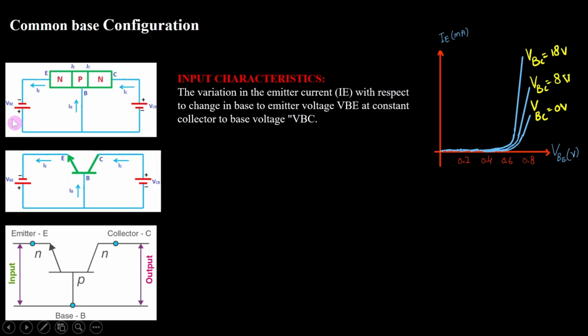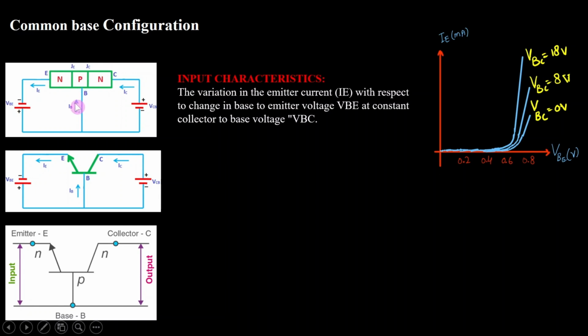If we increase that voltage, we have the potential barrier in the PN junction. There is an electric field inside that junction which does not allow the electrons to move from the N-type material to the P-type material.